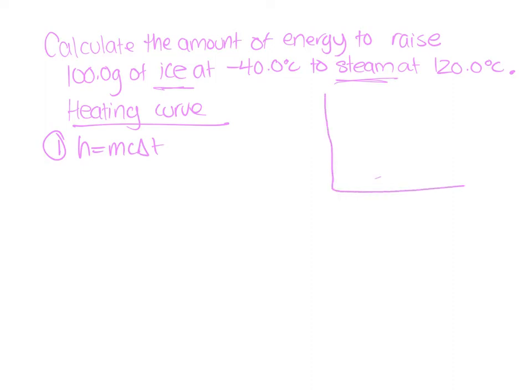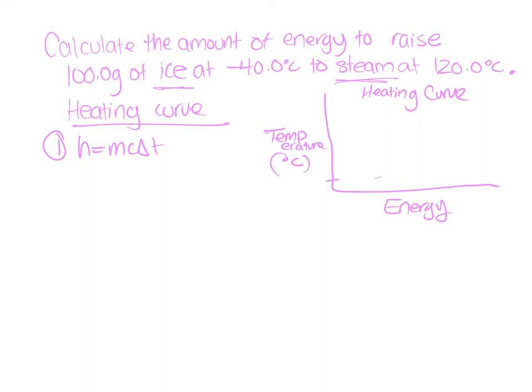This is often part of the question too. This would be my heating curve. Over here I'm going to have temperature, measured in degrees Celsius, and over here I'm going to have energy.